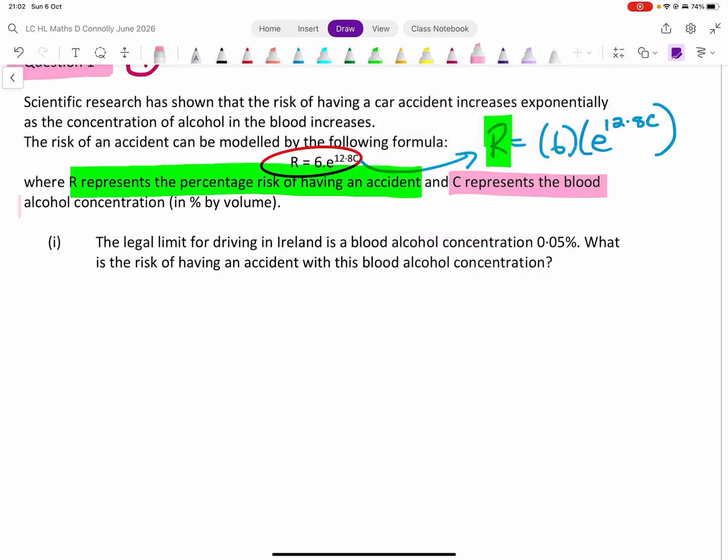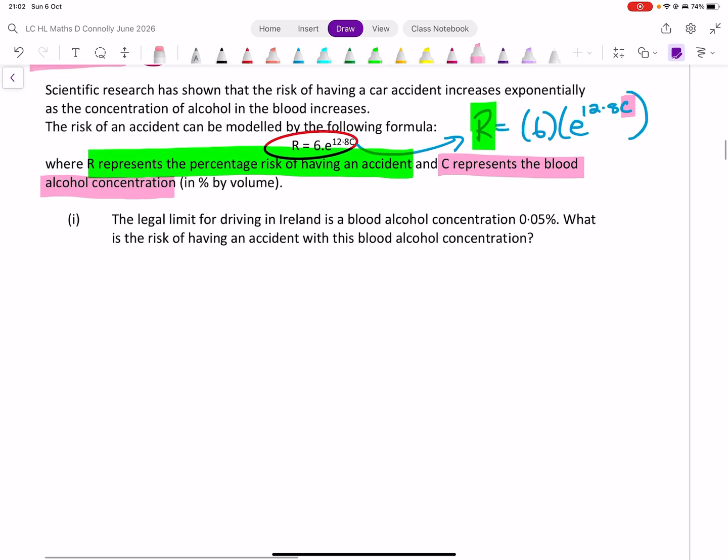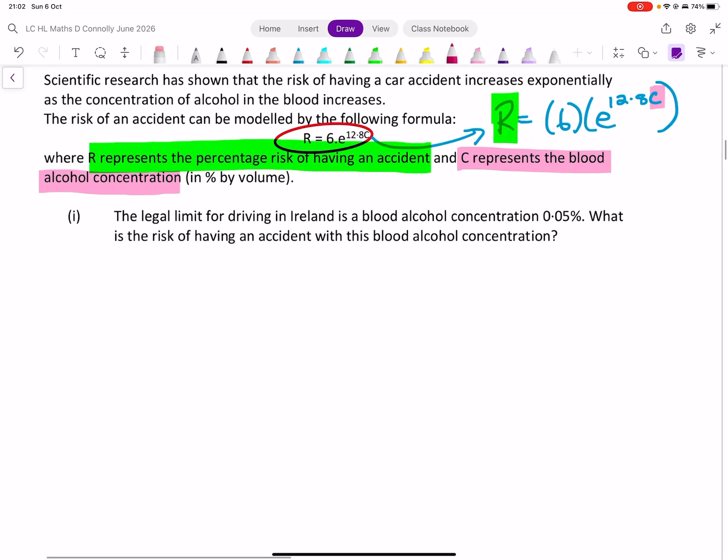C is the blood alcohol concentration. So that's that. E we know, it's just exponential. The legal limit for driving in Ireland is a blood alcohol concentration of 0.05%. Okay, so it does say here that it's going to be in percent, so that's fine.